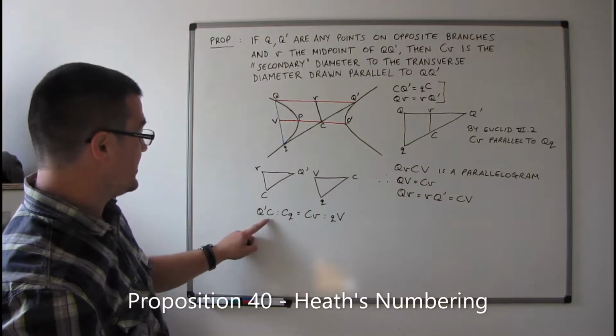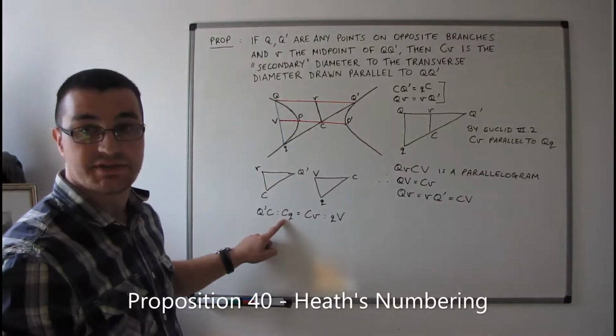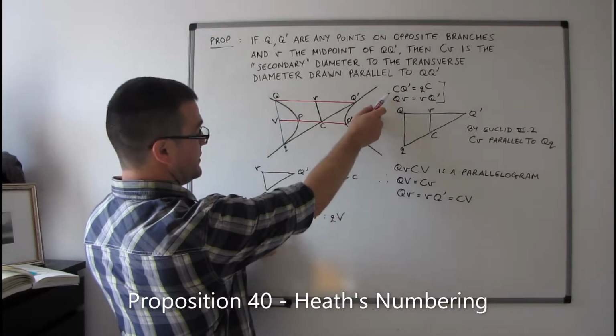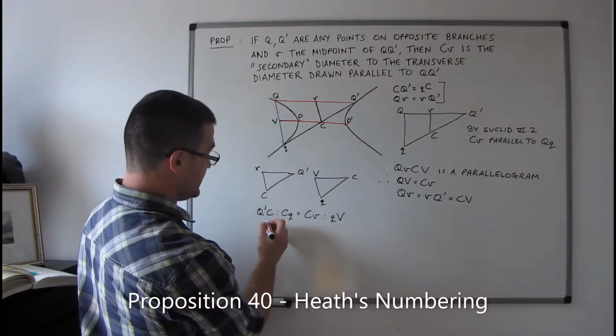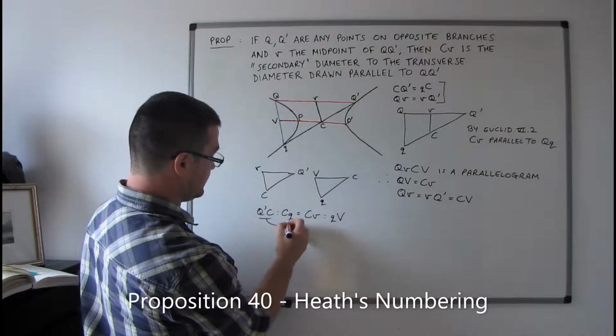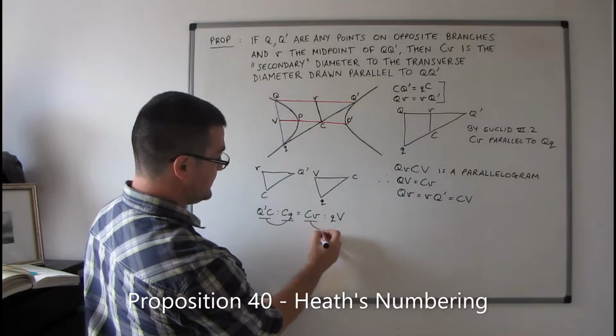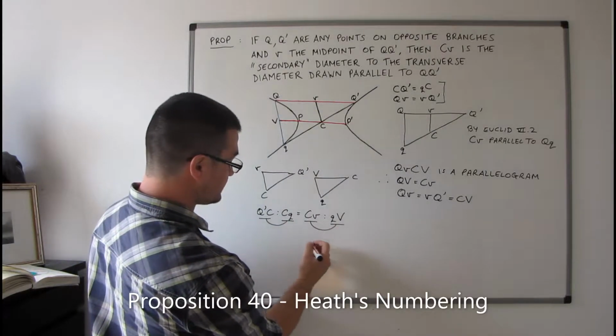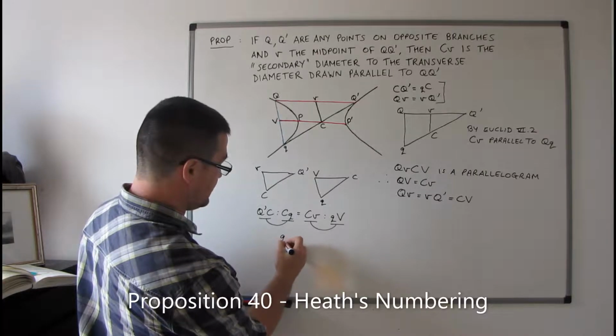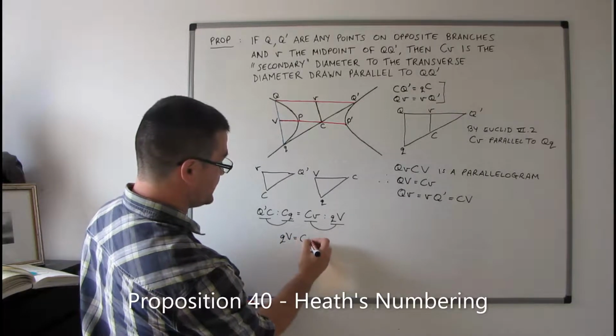But Q primed C is equal to CQ. That's what we've got from up here. So these are equal, and therefore these must be equal as well. So we get that QV is equal to CV.